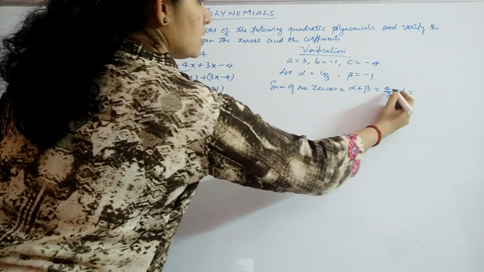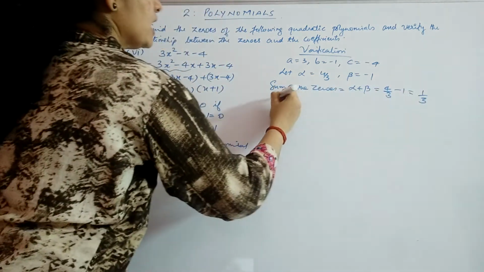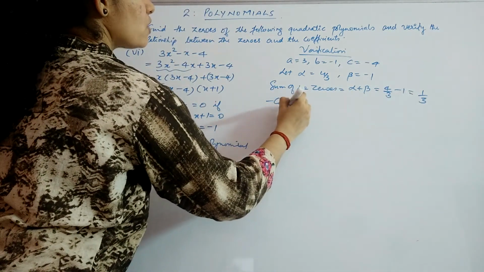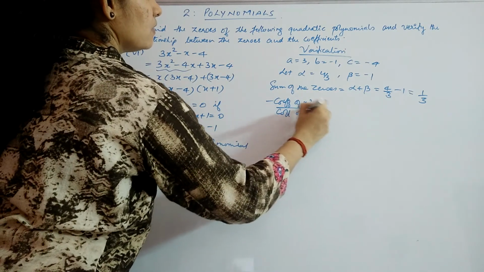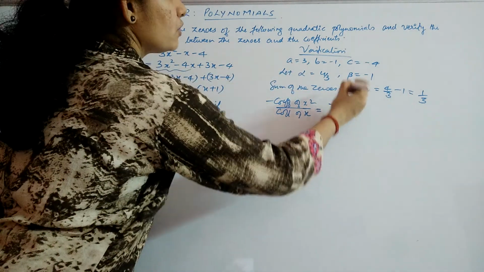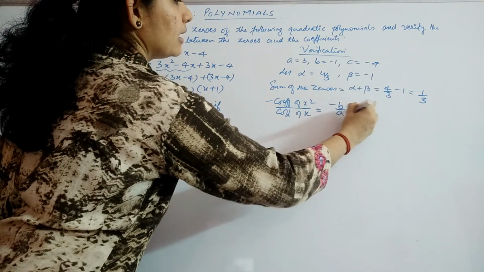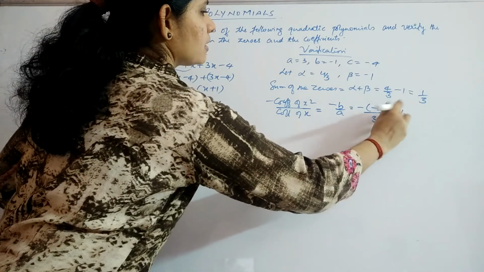And here you get 4 minus 3 by 3, which is 1 by 3. Okay. Now negative coefficient of x divided by coefficient of x square will give you how much? That is minus b by a. Minus of minus 1 divided by a is 3, so we are getting 1 by 3.